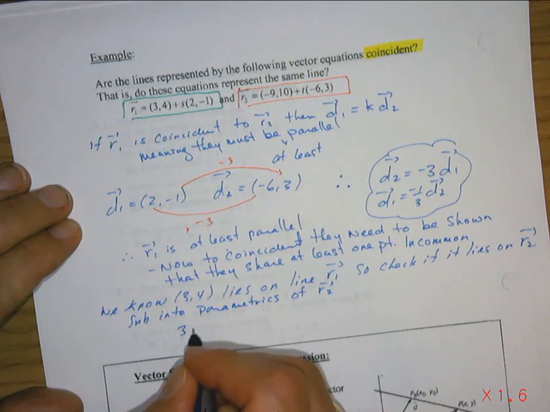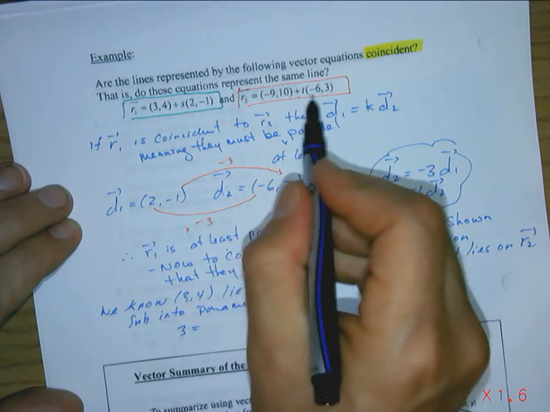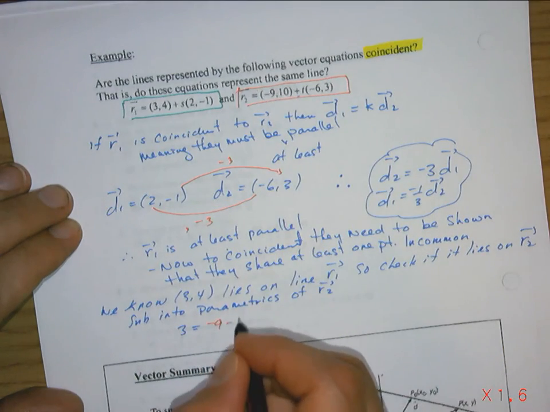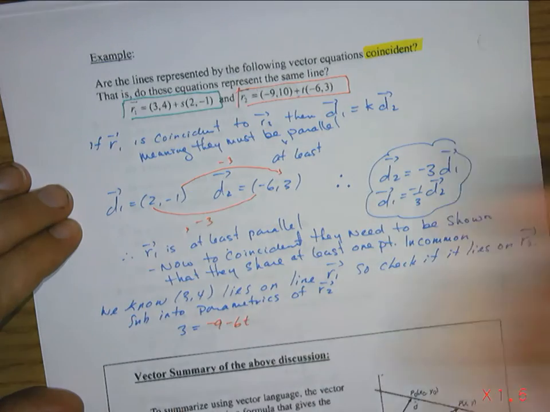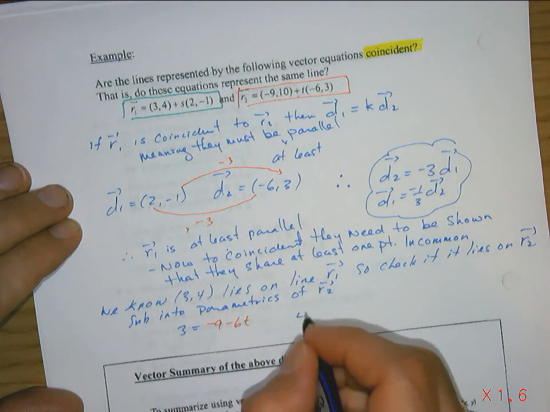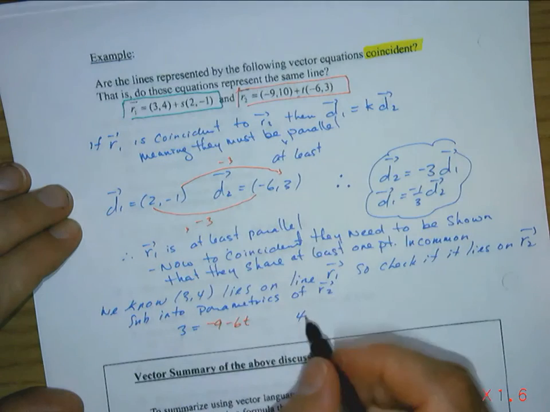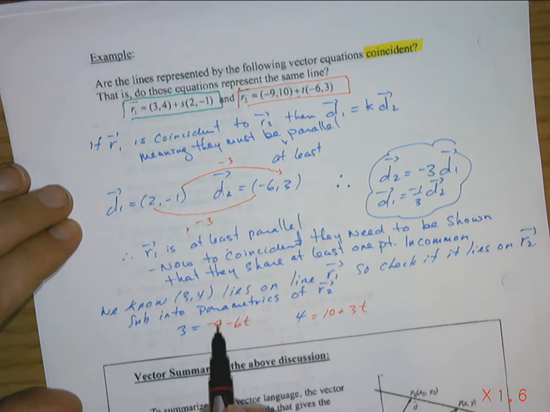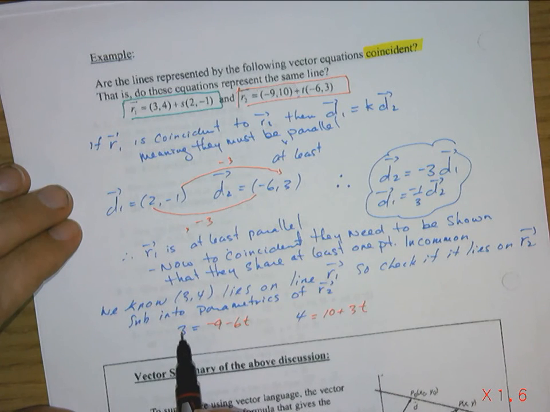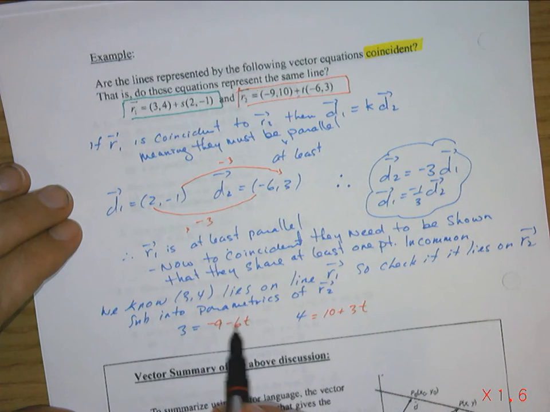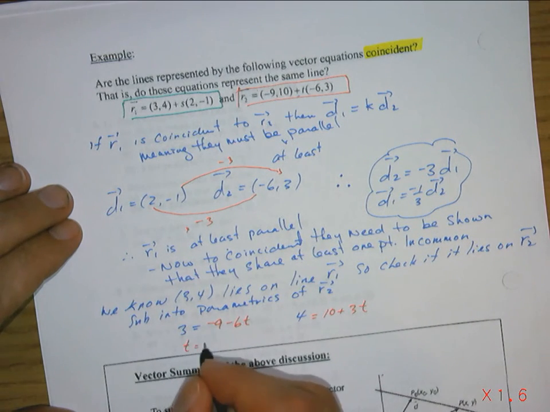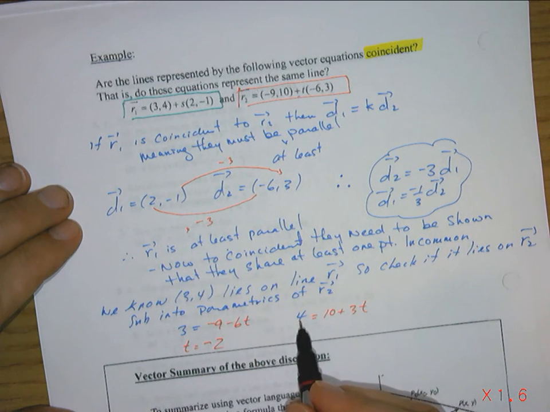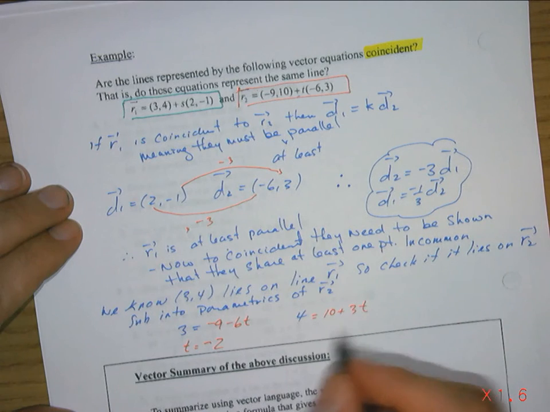So 3 is going to be equal to the parametrics of this one, which are going to be -9 - 6t, and 4, should have used green for these numbers, but that's okay, equals 10 plus 3t. Bring that over, that's going to be 9, 10, 11, 12 divided by -6, t equals -2. Bring that over, that's going to be -6 divided by 3, that's going to be -2.